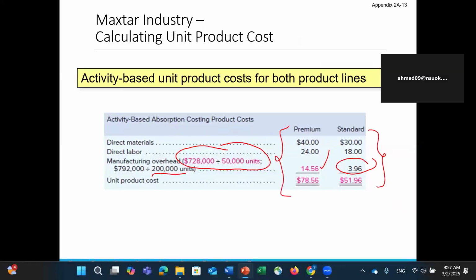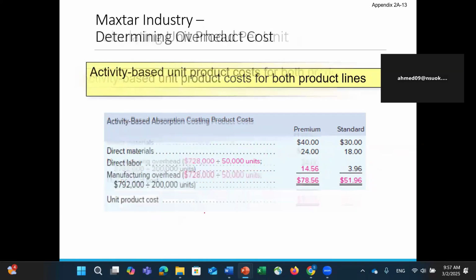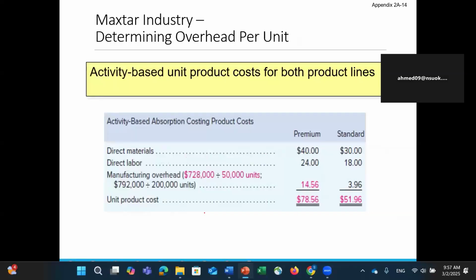When you add them up, this is the unit product cost under ABC. And we have to compare it to the product cost under the traditional right now. Remember, under traditional, we had 78 under the premium and 51 under the standard. Look at the difference here.